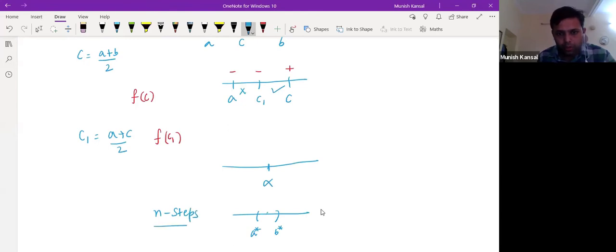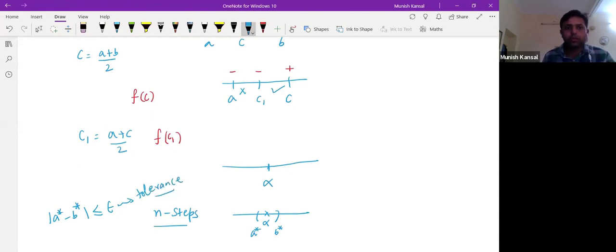The root will be sitting inside this interval, and it is in our hand to choose the length of the interval to be less than the desired tolerance. Here epsilon denotes the tolerance. So whenever the length of the interval is less than the tolerance, we stop our iteration process. This is the brief idea of how we proceed with the bisection method.